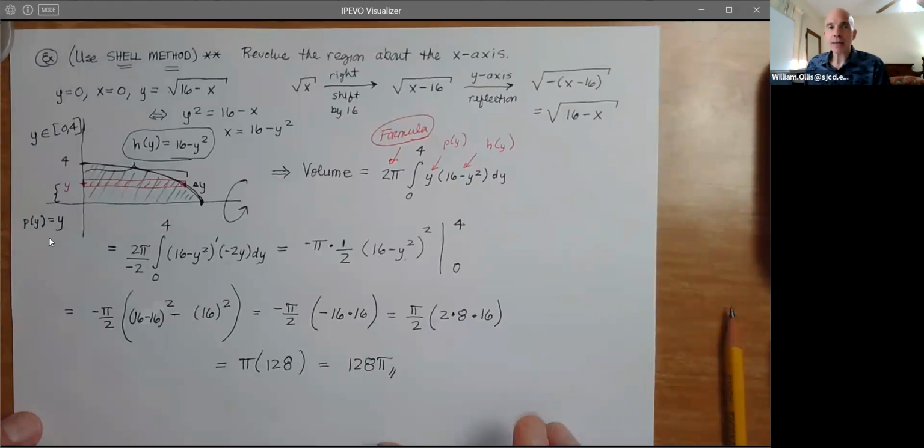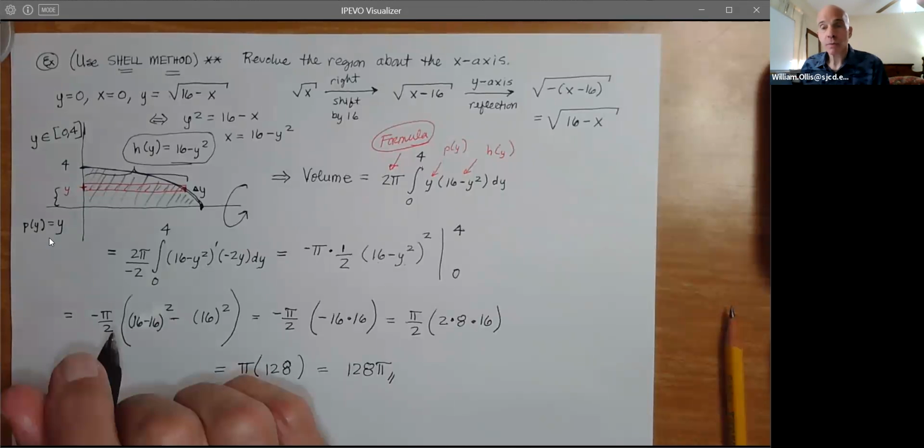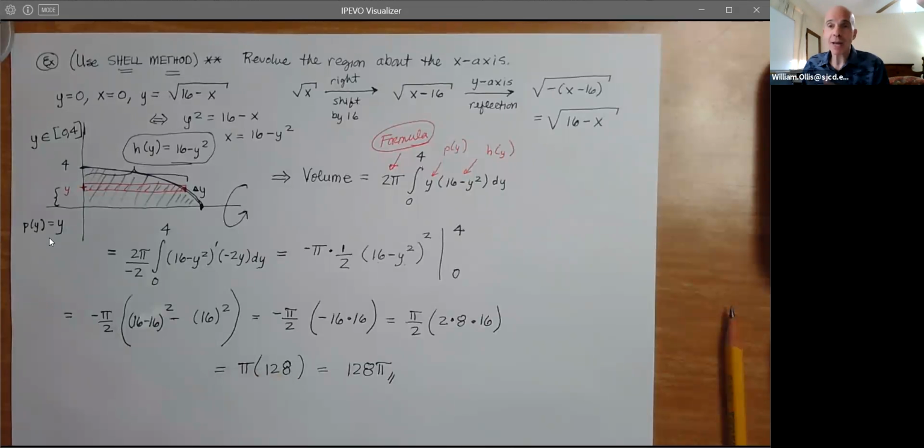So the key with a lot of these problems is that it may not matter which formulation you use. That is, maybe you do use the disk method, or maybe a colleague uses the shell method, and both integrals turn out to be readily doable.